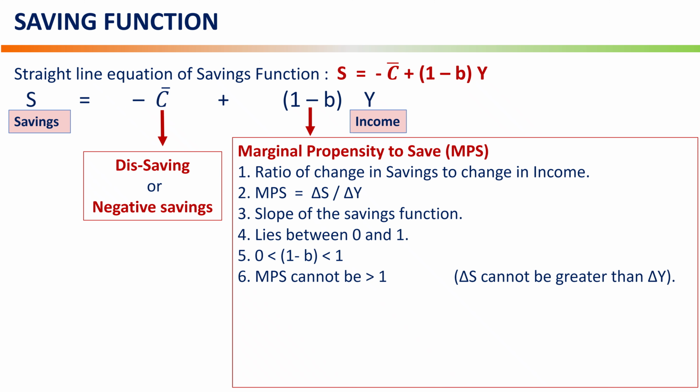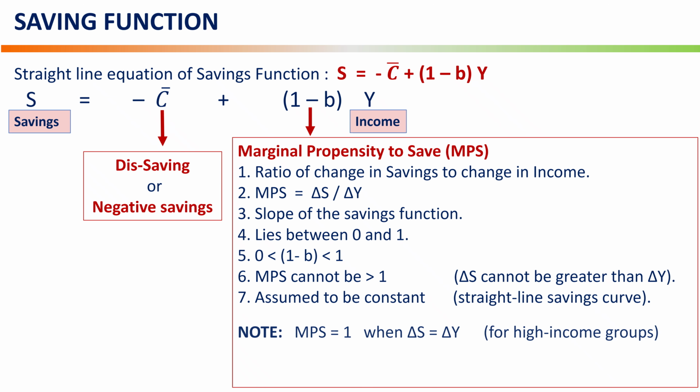It is important to note that MPS cannot be greater than 1, since change in savings cannot be greater than change in income. At the most, change in savings can be equal to change in income. For the analysis, we are going to assume MPS to be constant, and therefore it will lead to a straight line savings curve or linear savings curve.